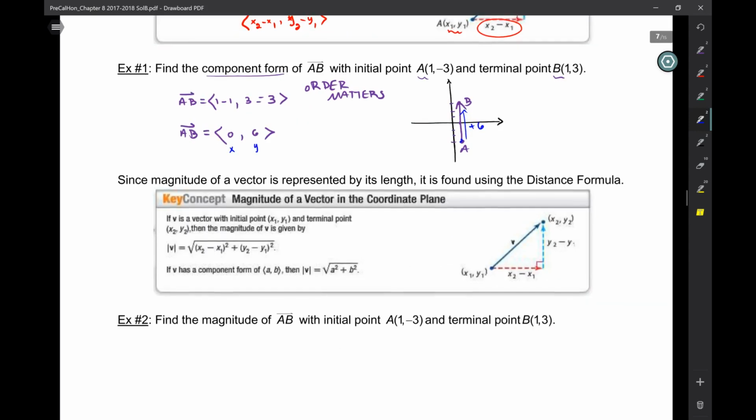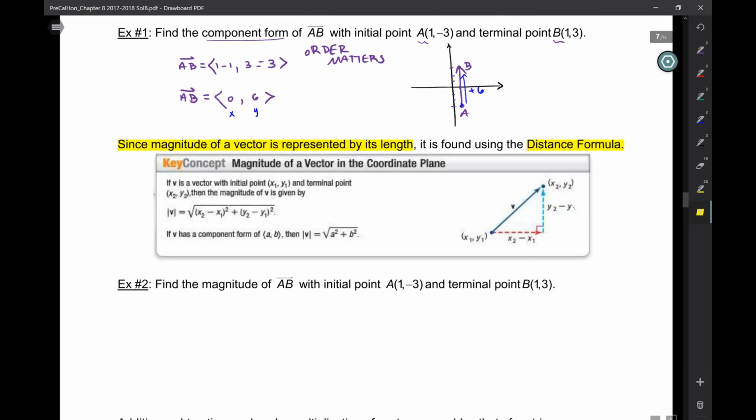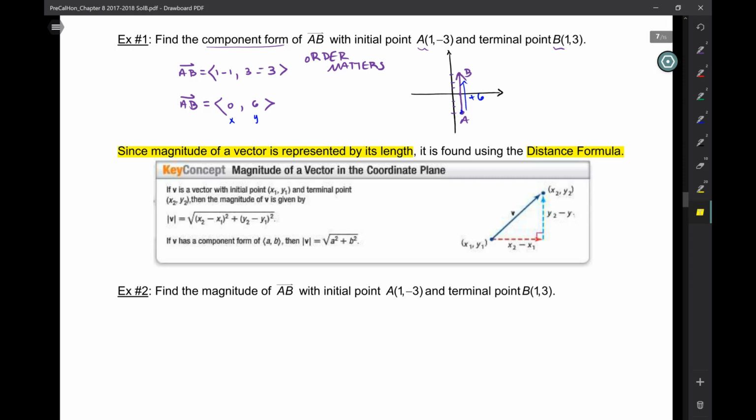Now, since magnitude is represented by its length, how do we find the length of a segment? Distance formula. What is the distance formula? It's x2 minus x1 squared plus y2 minus y1 squared, under a square root. But what did we just say? That a vector v in coordinate form is x2 minus x1, y2 minus y1.